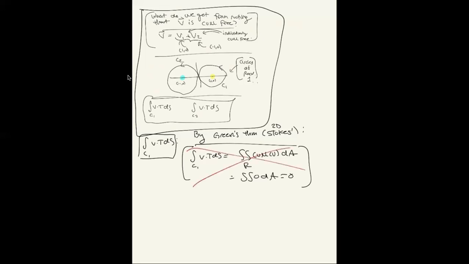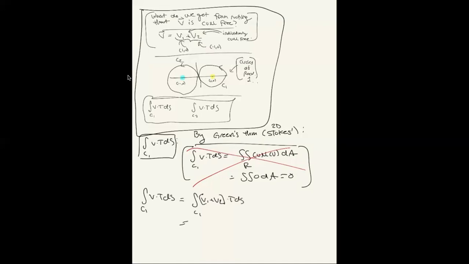Instead, let's actually go about and parameterize this thing. Actually, on that note, I know that V is a sum of V1 plus V2. So I'm going to write the integral of V dot T ds as the integral of V1 plus V2 dot T ds.